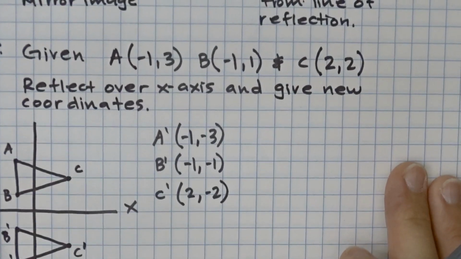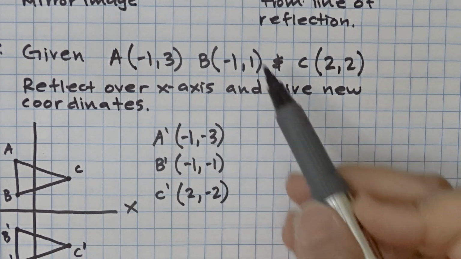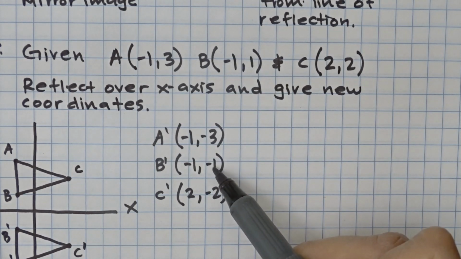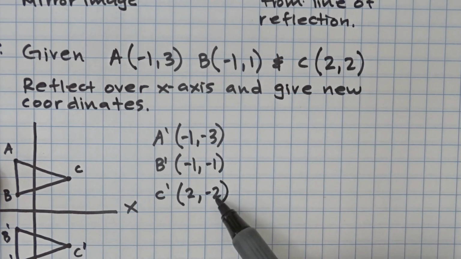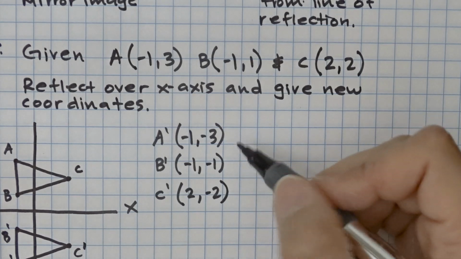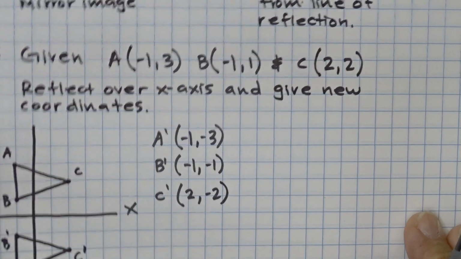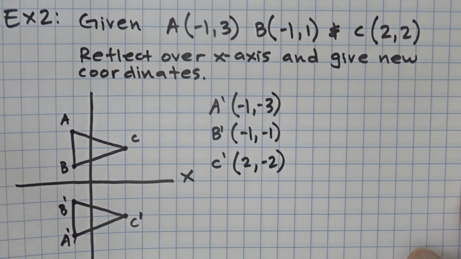Did that happen? -1, opposite of 3, -3. Keep the same point, take my y coordinate to its opposite, and it did work. So all of my y's were opposite. There you go. Two ways to do that: shortcut, or if you need to be visual, you can put it on the graph.